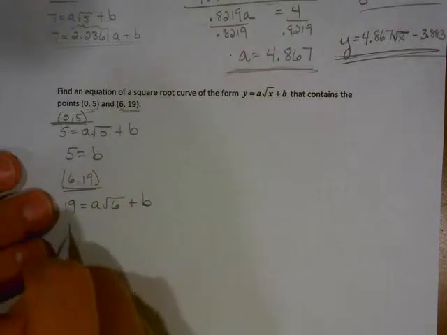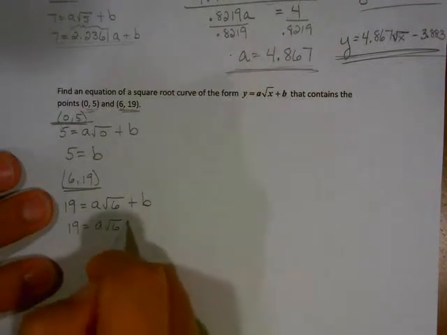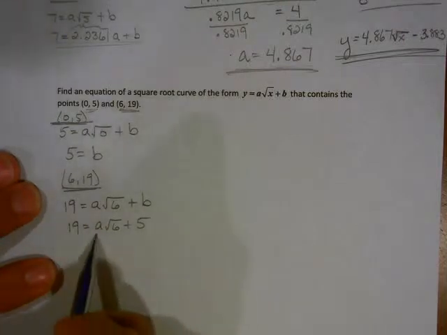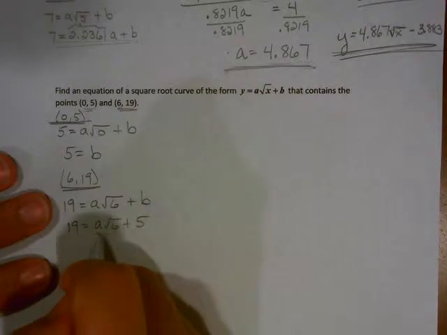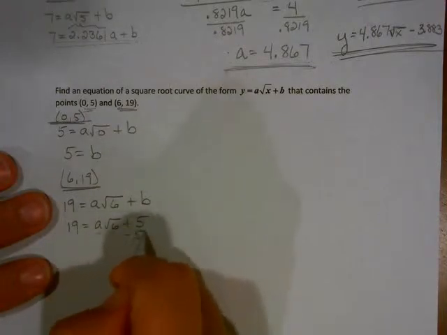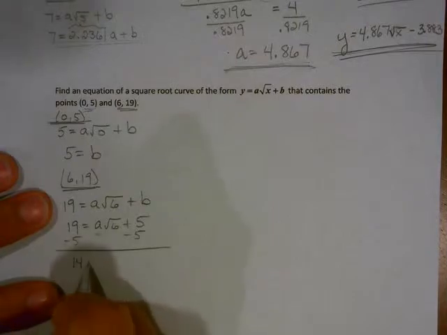But I know b, so it's 19 equals a square root of 6 plus 5. And notice this is one unknown, so we can solve for a by subtracting 5 from both sides. We get 14 equals a square root of 6.